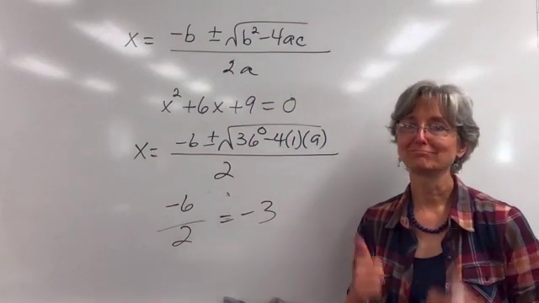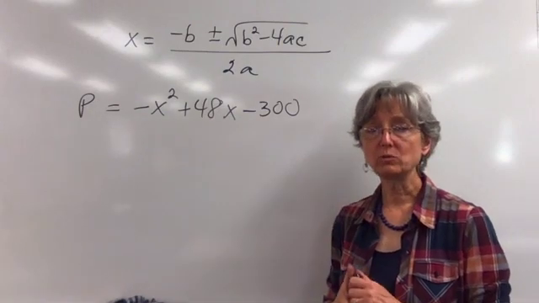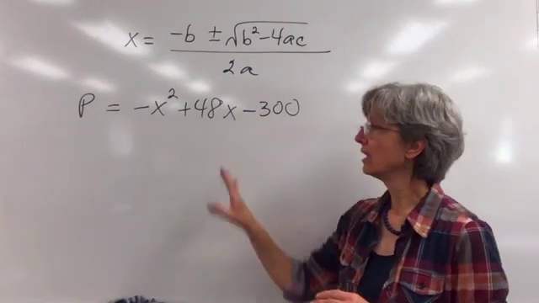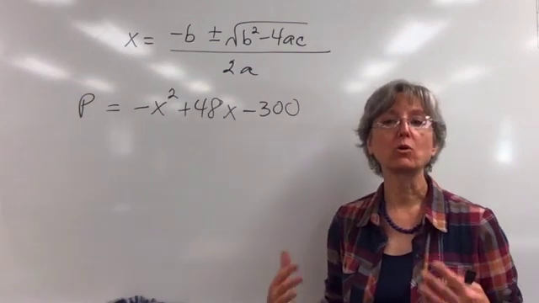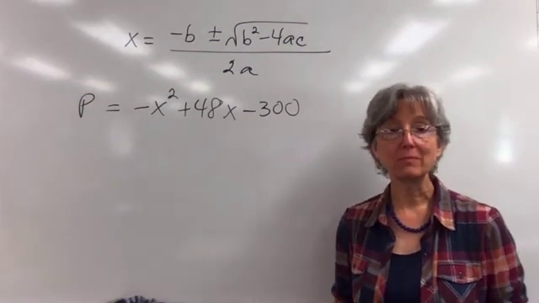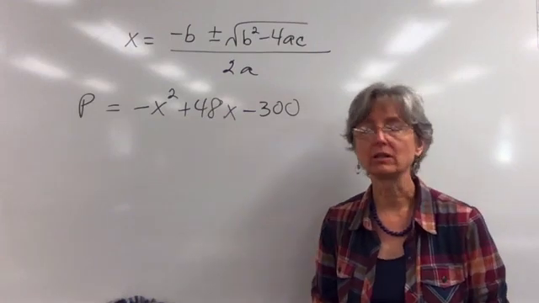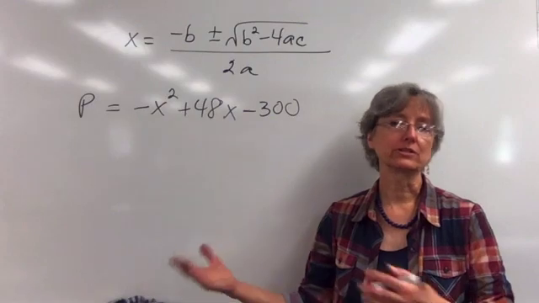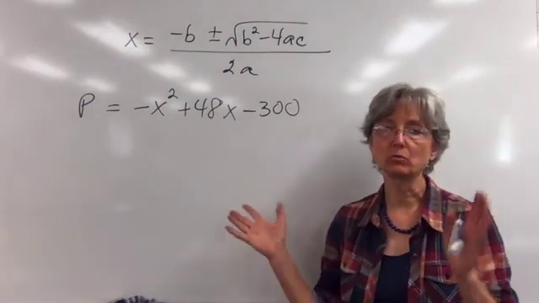Quadratic formula worked. Now I'm going to show you how to apply this to a real world kind of situation. This quadratic here represents the profit that a club or an organization can make depending on how much they charge for a certain item that they want to sell. Like it could be a band that sells CDs they made or something like that, or a craft store selling whatever.